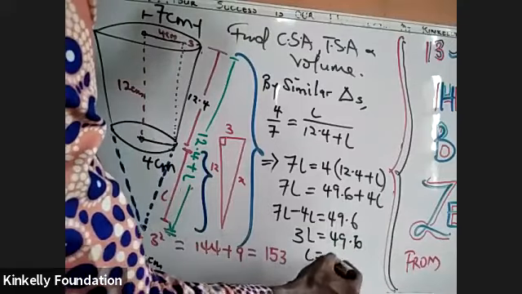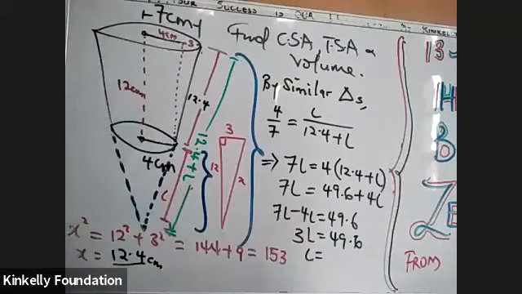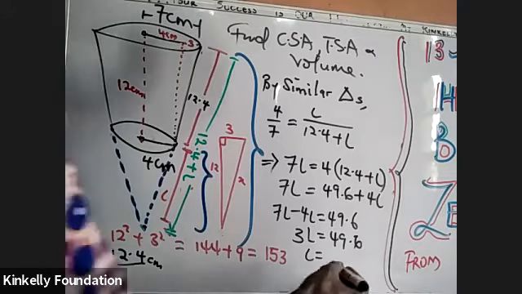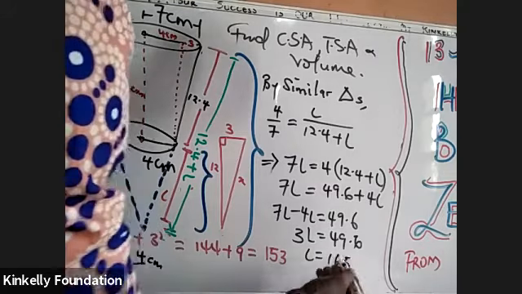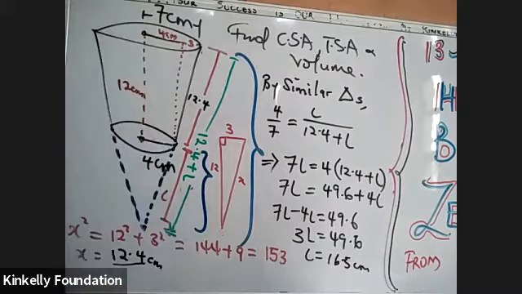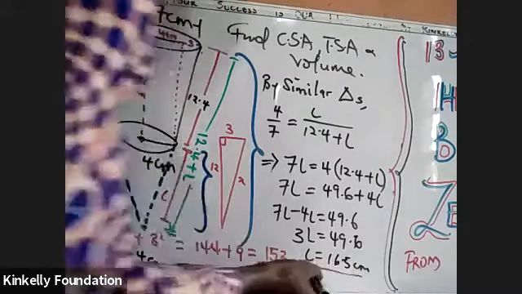The smaller L will be, when you divide both sides by 3, 49.6 divided by 3 gives us 16.5 approximately. So we have the smaller length at 16.5.